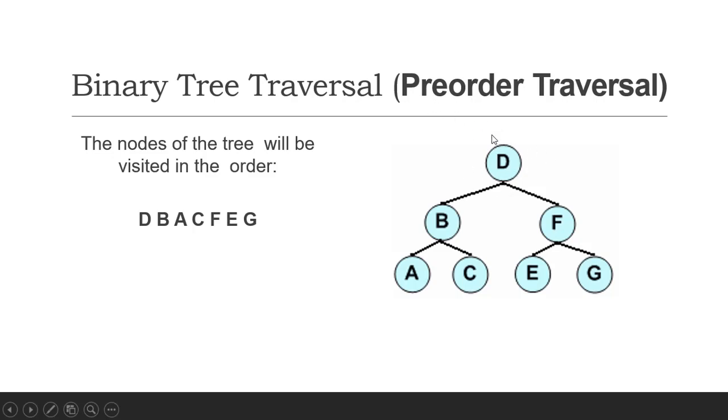So you read the root nodes first, like D here, then followed by B, then followed by A and C, because we go to the left and the right after the root. Then proceed to the right, visit the root, traverse from the left, then go to the right. That's why we have this sequence of letters.